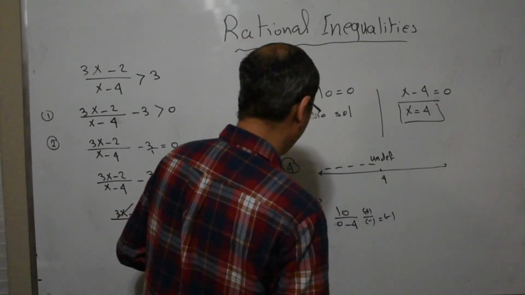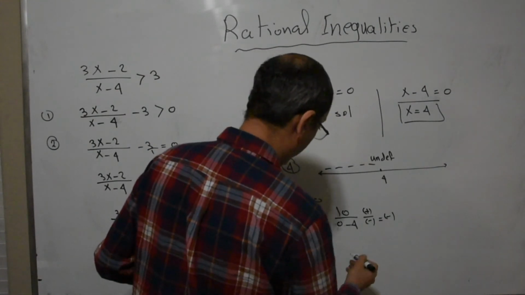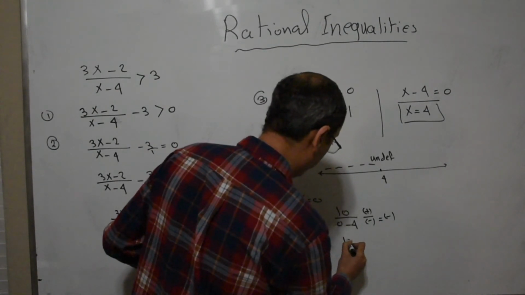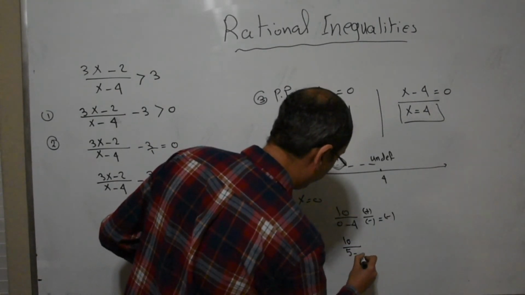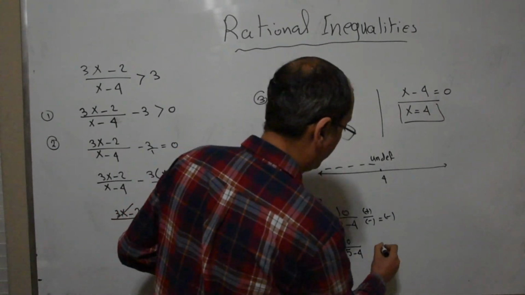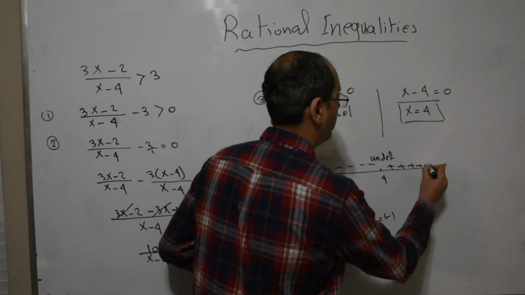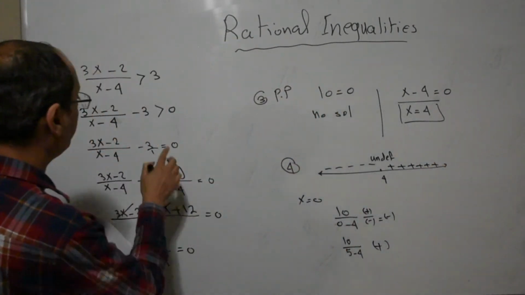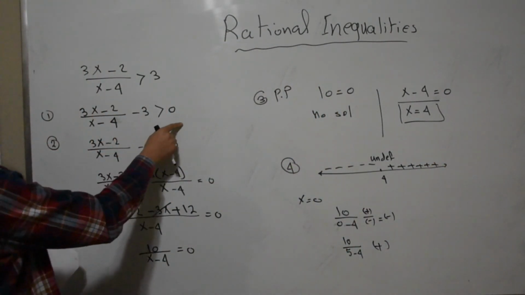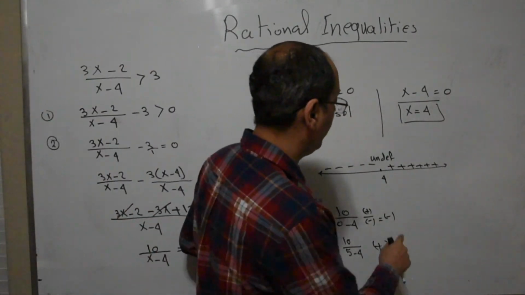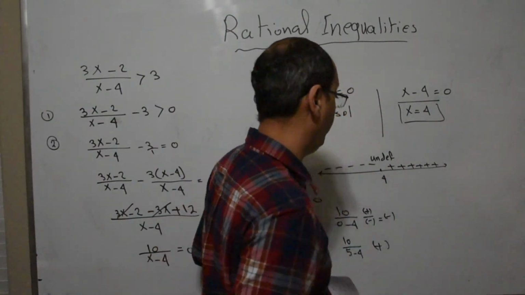And on the other side, I plug 5. So 10 over 5 minus 4. Positive over positive is positive. So I have here positive. And what I'm looking for is the positive side. Therefore, my solution is from 4 to infinity.